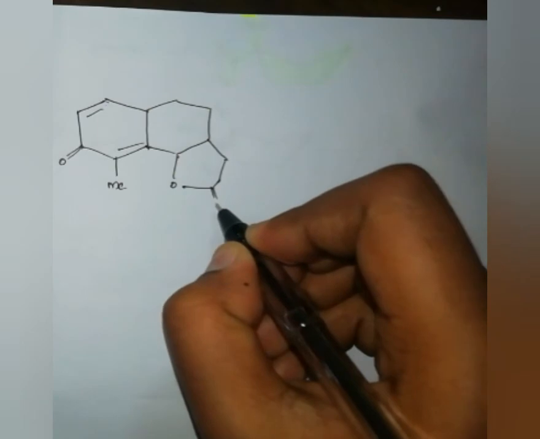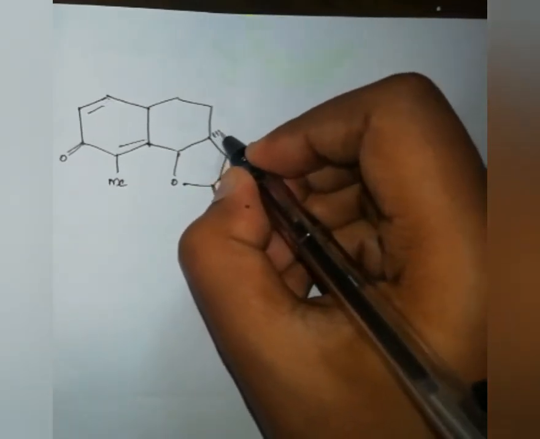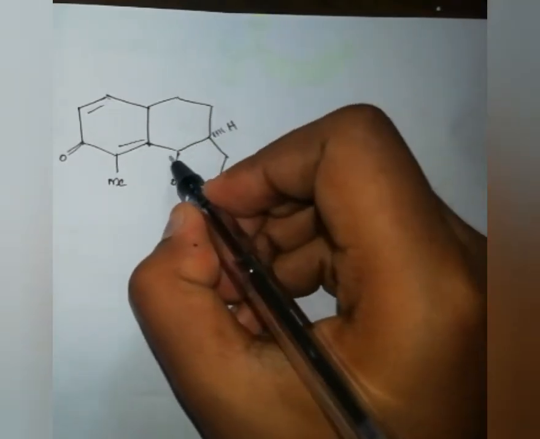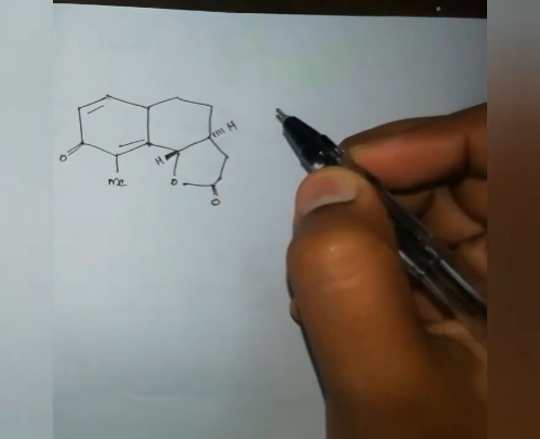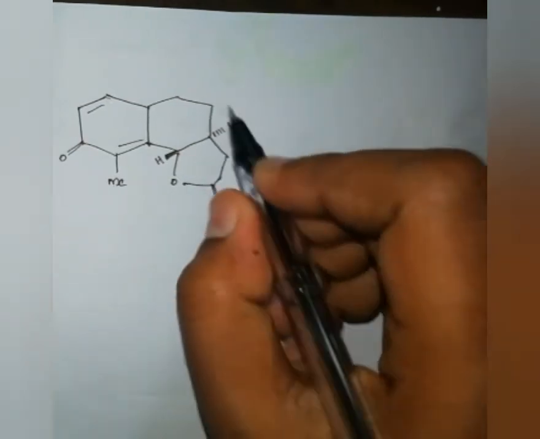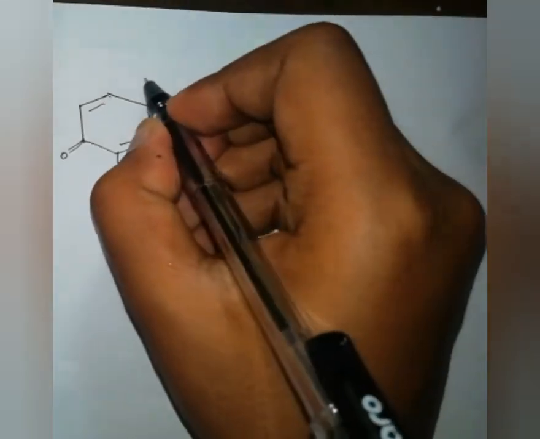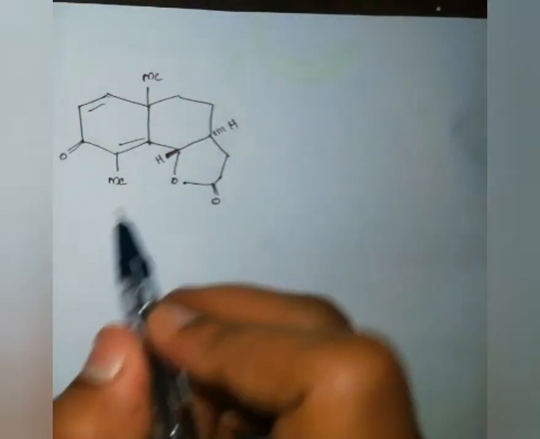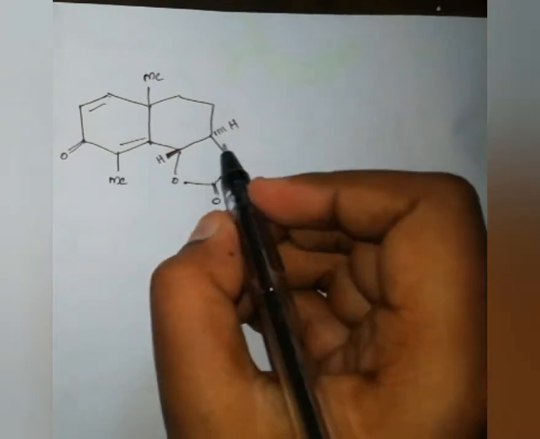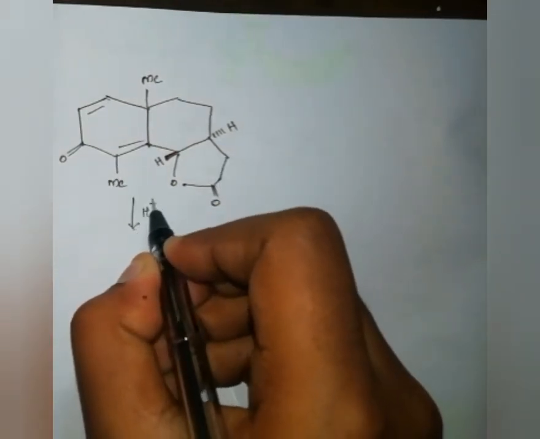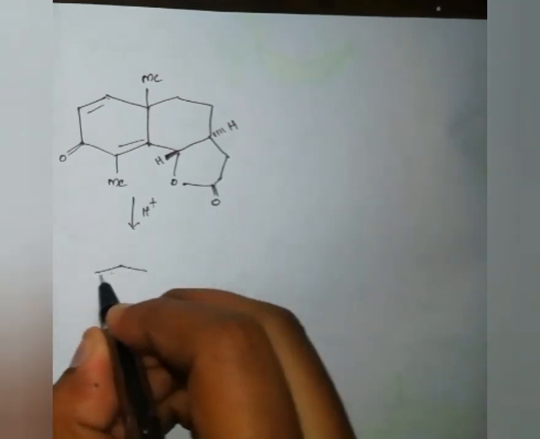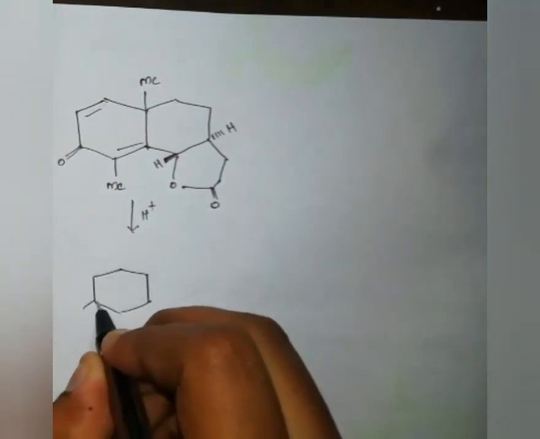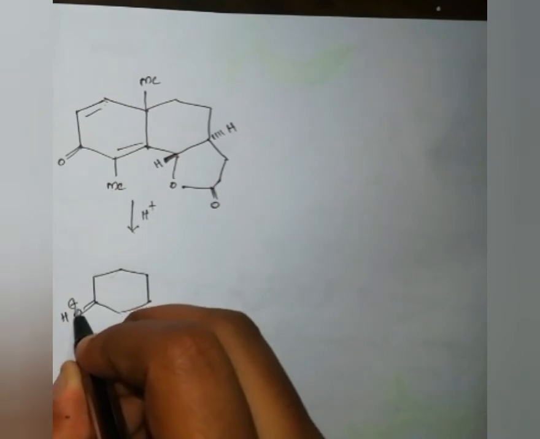The structure may be somewhat large, that's why we do not attend the question by just seeing the structure, because it's a big one, but it is simply a pinacol rearrangement, and in the presence of acid this group gets protonated and this becomes OH plus.